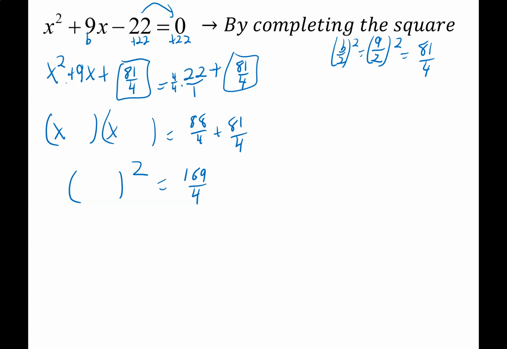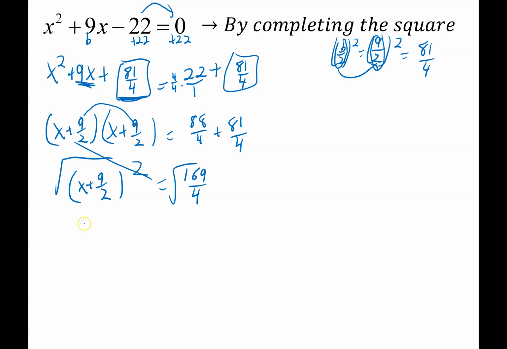This is hard. No, remember, when you take the b over 2, which in this case is a positive 9 over 2, that's your factors. The b over 2, the 9 over 2, that's what goes here to make it factor. These two multiply to make 81 fourths. 9 halves and 9 halves makes 18 halves, which makes 9. So I get x plus 9 halves squared.